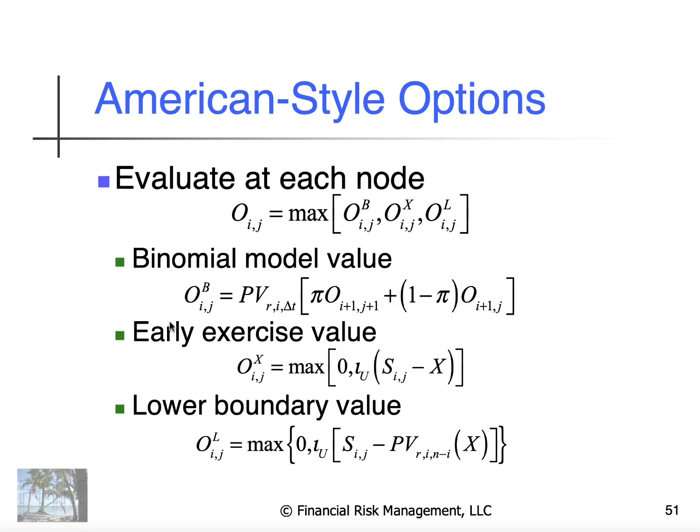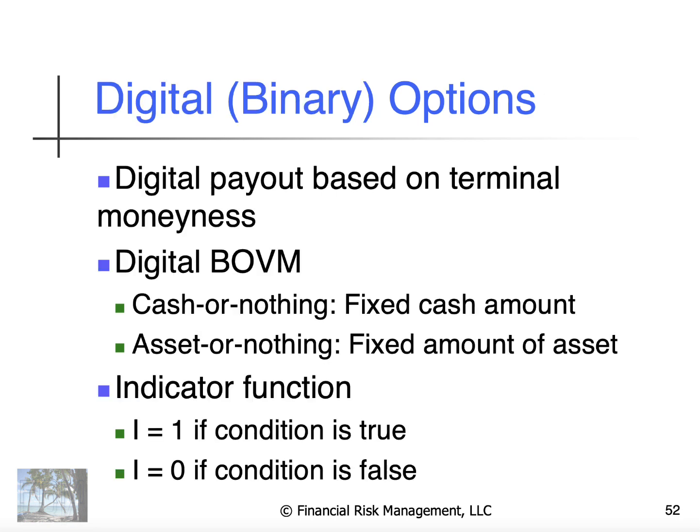If I exercise early, I can collect the moneyness of the option, or the intrinsic value, and it also can't violate the lower bound. If the lower boundary is violated, then I'm going to capture the lower boundary amount. And so taking the maximum of these three values gives me the American-style option value.